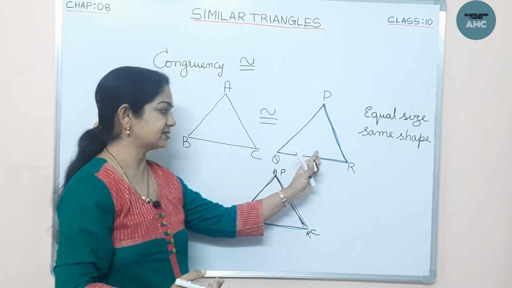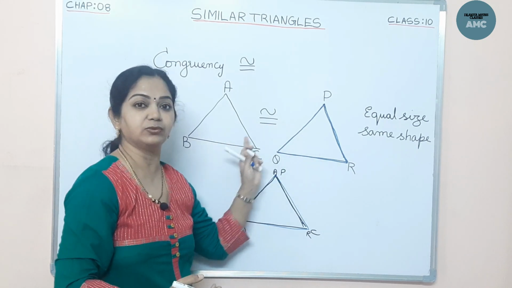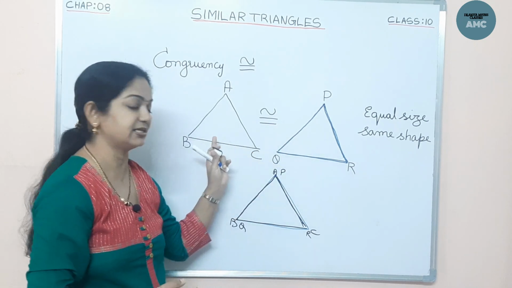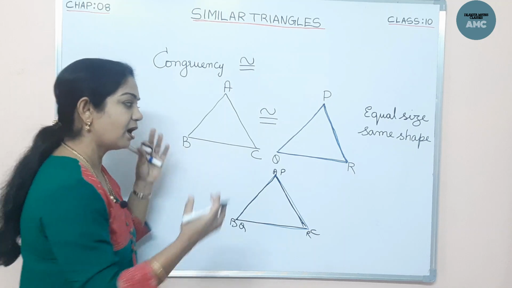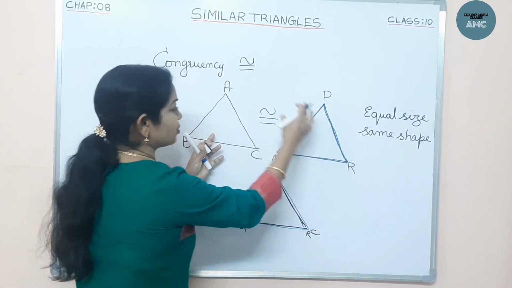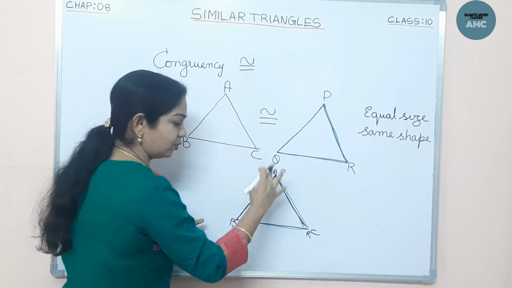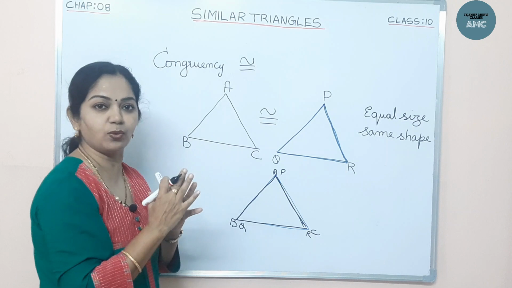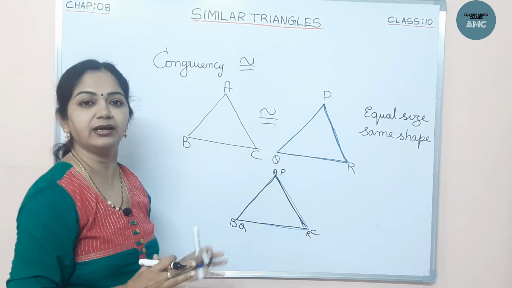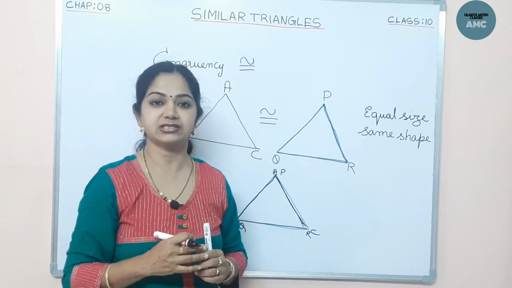I am comparing the same shapes, but also they are having equal sizes. The corresponding sides are equal, same size. How am I inferring that they are equal? Because I am overlapping this on this triangle and I have drawn this. The blue and the black, both are exactly fitted. They have been overlapped. That means these two are congruent. That is which we have learnt in your previous classes.